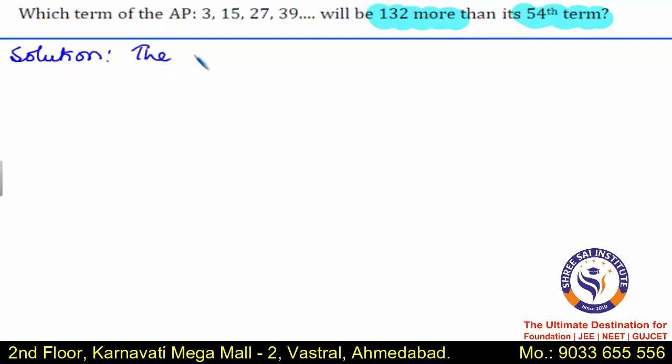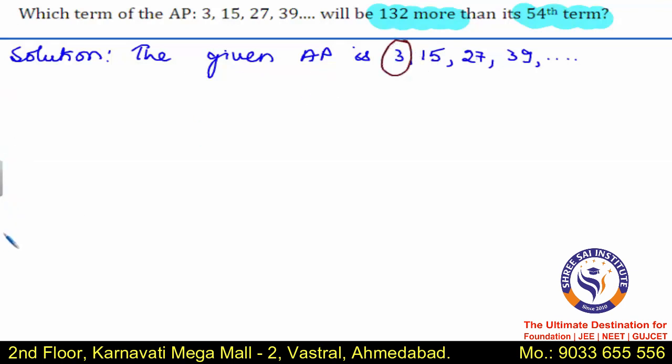The given AP is 3, 15, 27, 39 and so on. For this AP, the first term is 3.